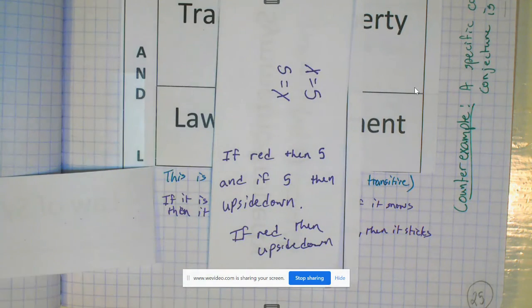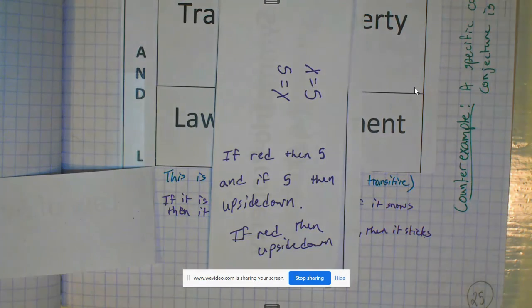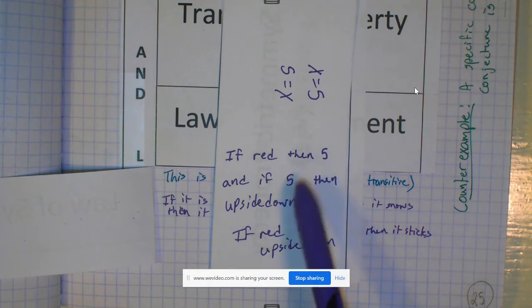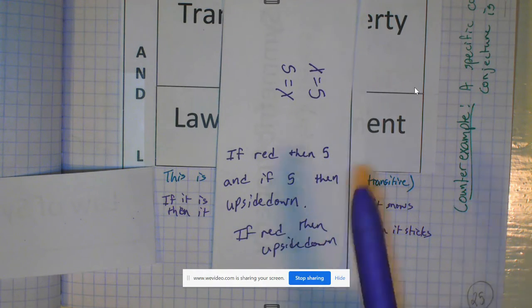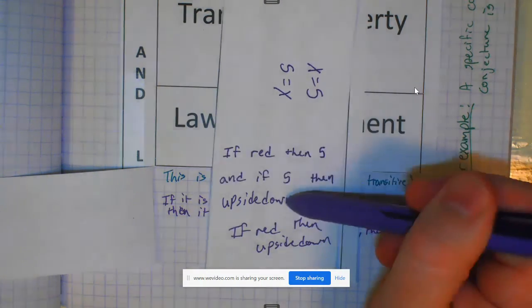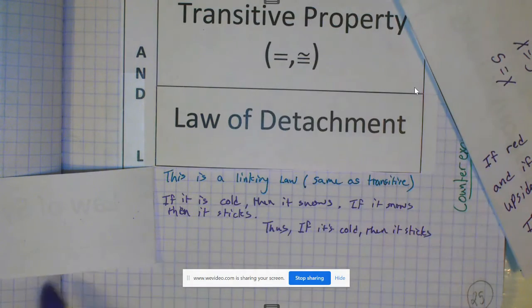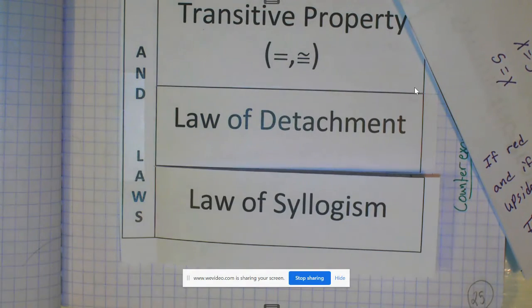Okay, it can be random things, but you're linking it together. Red, then 5; 5, then upside down; then your red is going to be upside down. That's a law of syllogism or the transitive property. Doesn't matter.